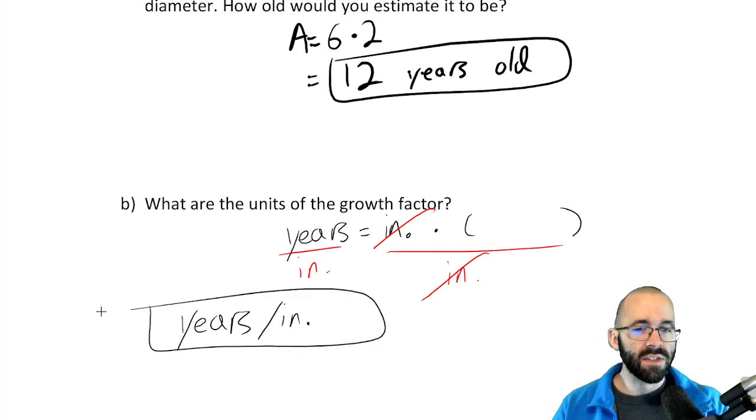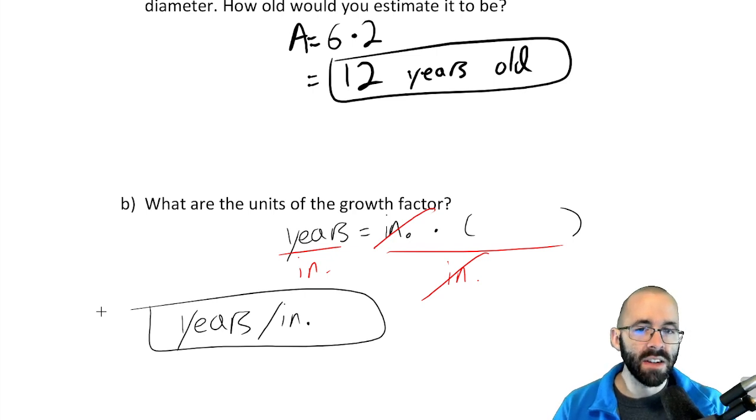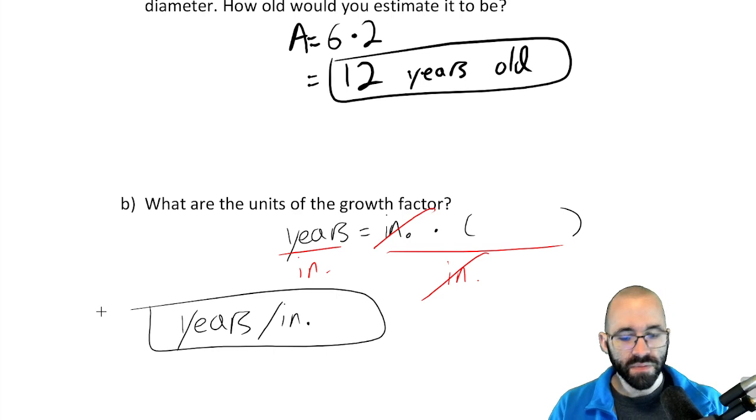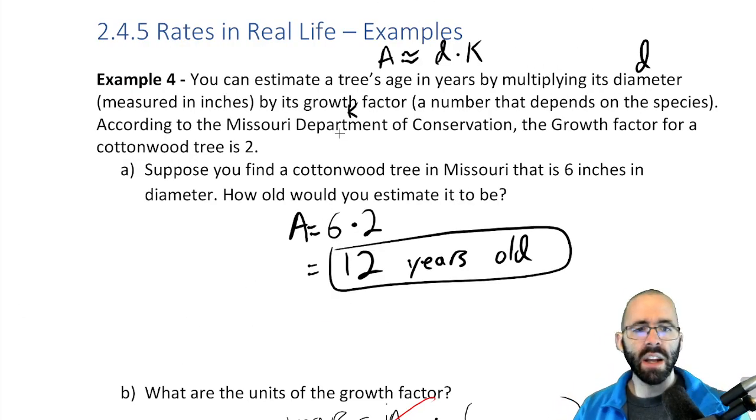That's one way of approaching this. The growth factor says, with every inch of diameter increase, we think the tree will be about 2 years older. Another way of looking at this problem would be to look at it less mathematically and more situationally.